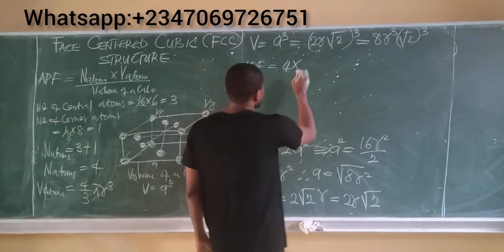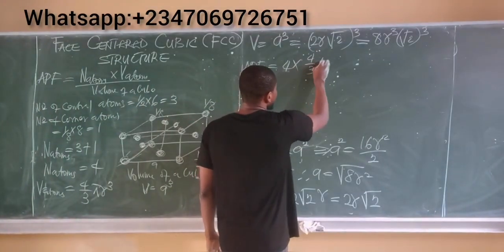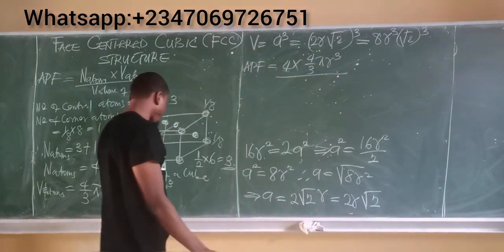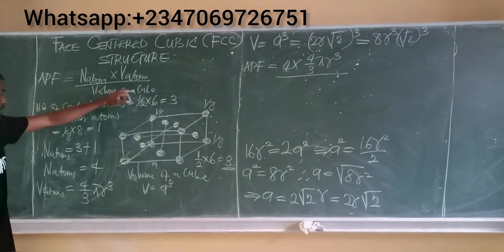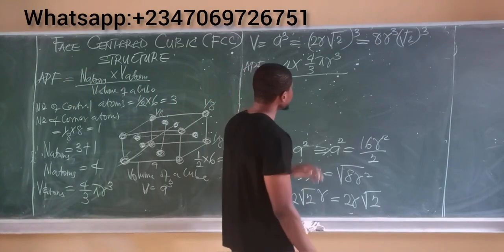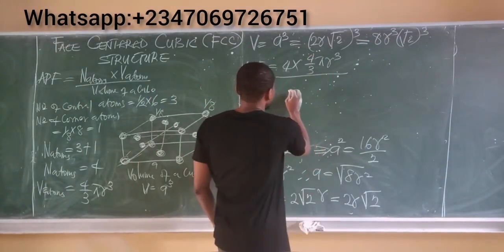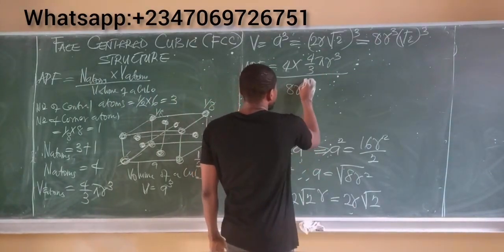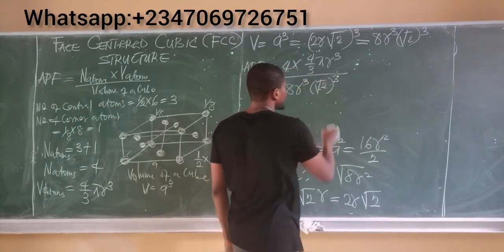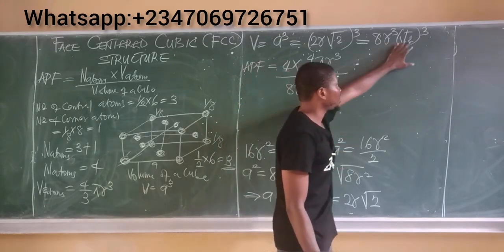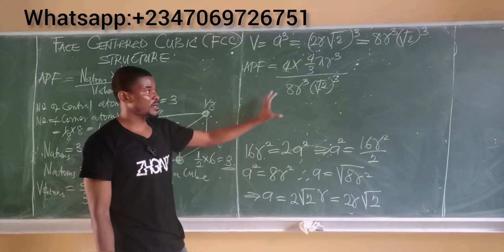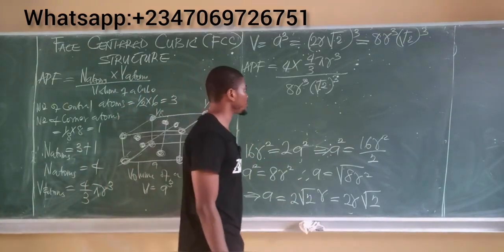So we have here times 4 all over 3 pi r cube, all over the volume of the cube itself, and we've obtained the volume of the cube as this. So this is now 8 r cube multiplied by root 2 to the power of 3. So take note, you might wish to expand root 2 to the power of 3 multiplied by 8. You're free to do that, but I choose to keep my workings like this, okay, for a reason.